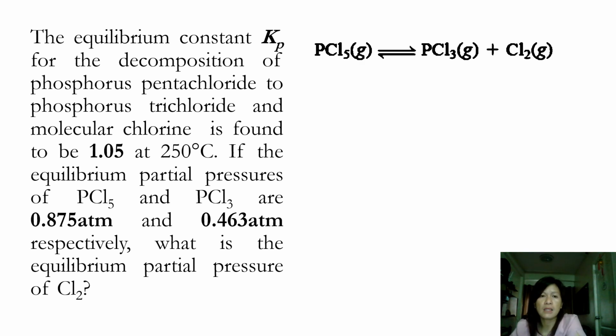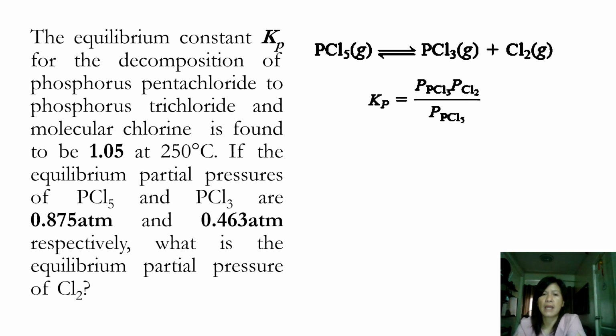The chemical reaction equation involved in our problem is the following: gaseous phosphorus pentachloride decomposing to gaseous phosphorus trichloride and gaseous chlorine.